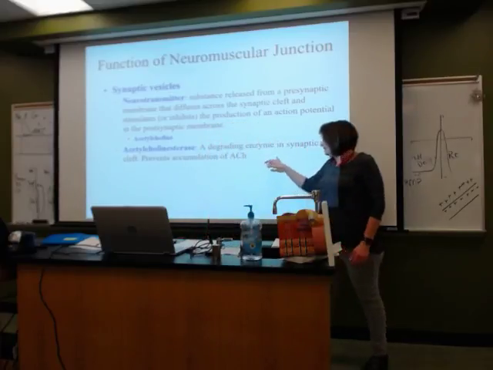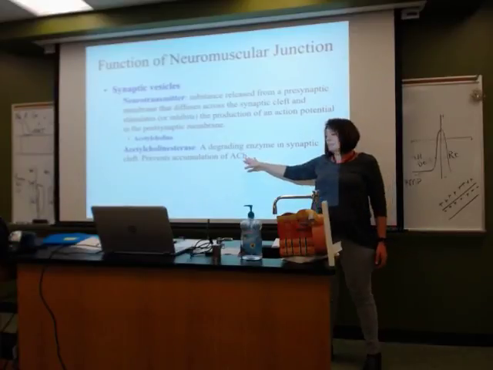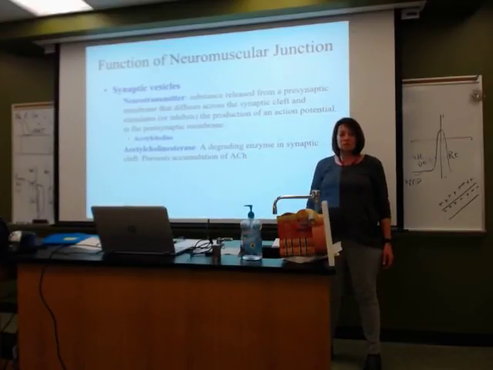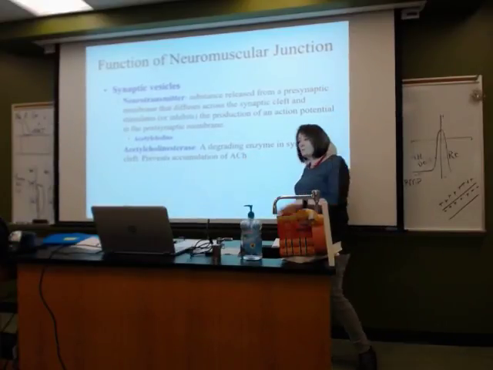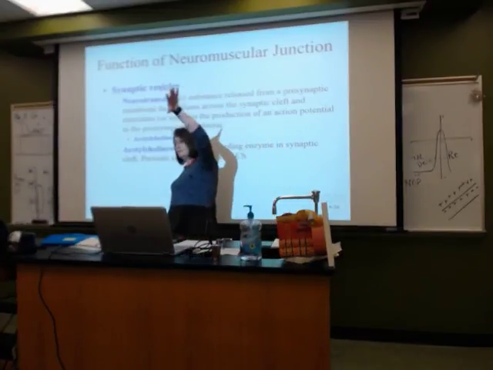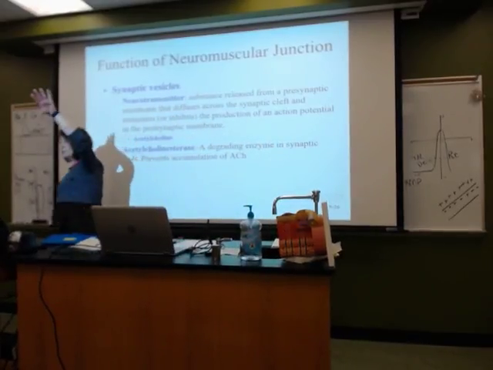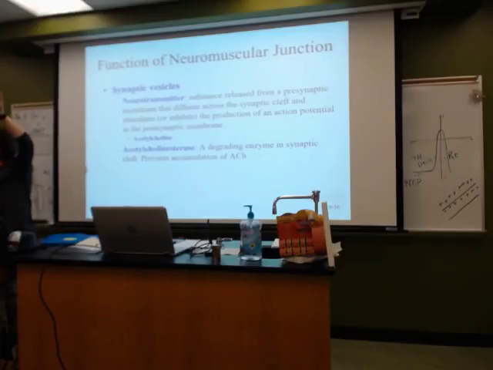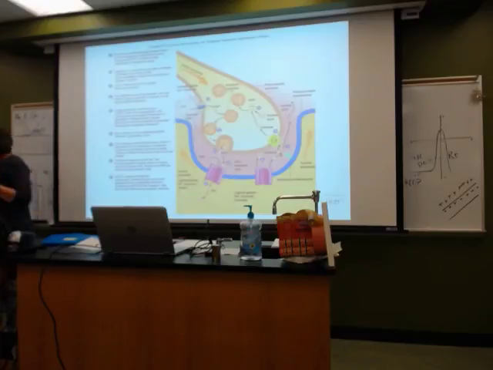And that comes in and breaks down the acetylcholine. Some of it goes back into that terminal bud of the nerve. Some of it gets taken care of in the bloodstream. And then the whole process will start over again when we get another signal from the nerve.